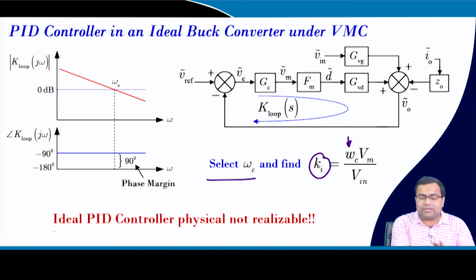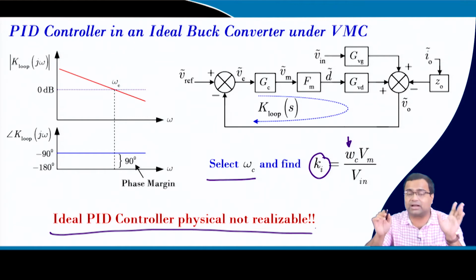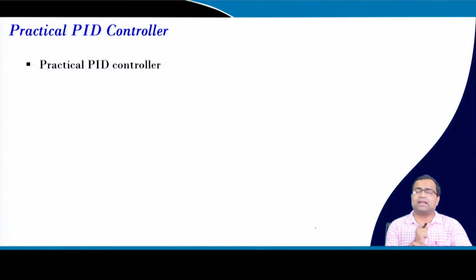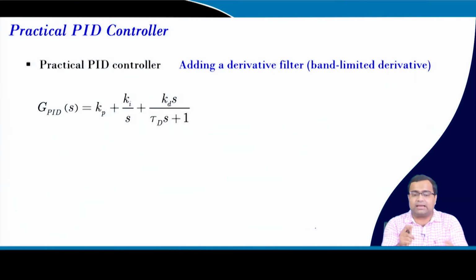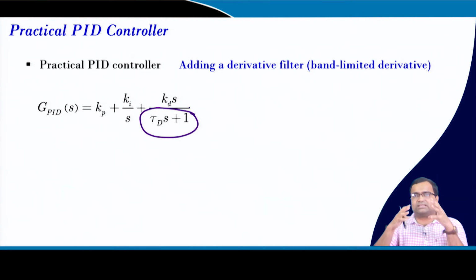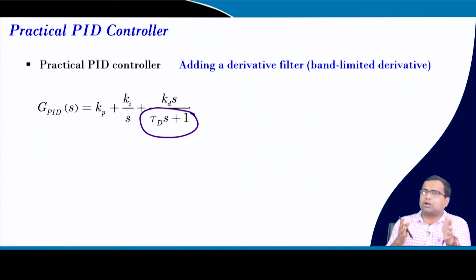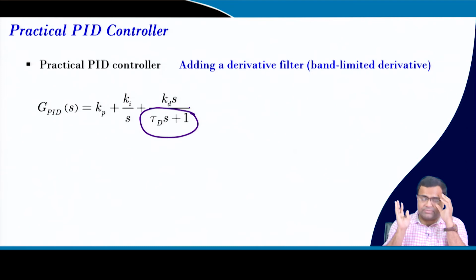But an ideal PID controller is not physically realizable. And of course, we started with an ideal buck converter. An ideal buck converter also does not exist. So now we are talking about the practical PID controller. In a practical PID controller, we generally use a derivative filter. You can put in an intentional derivative filter, or it can be part of the op amp, because an op amp is also band limited.